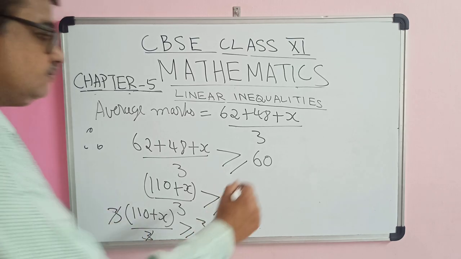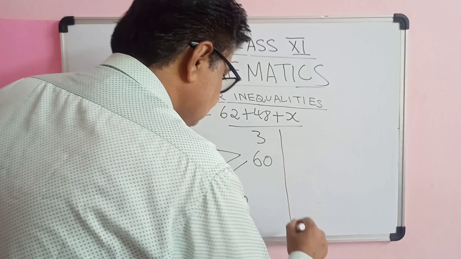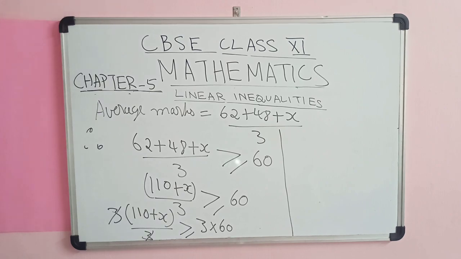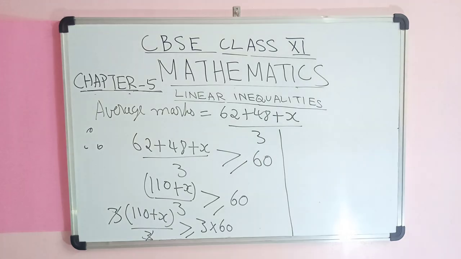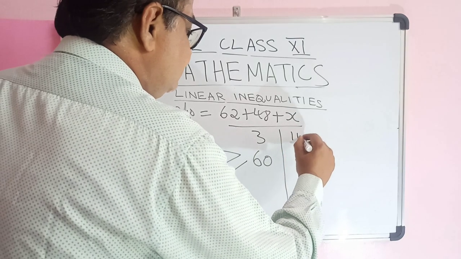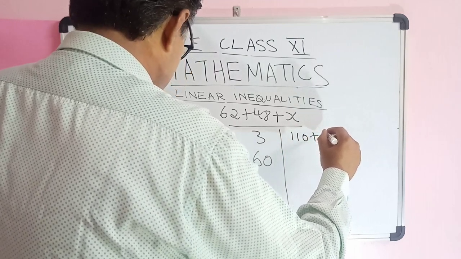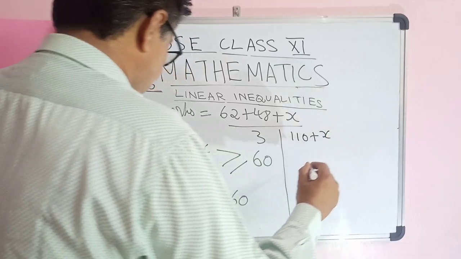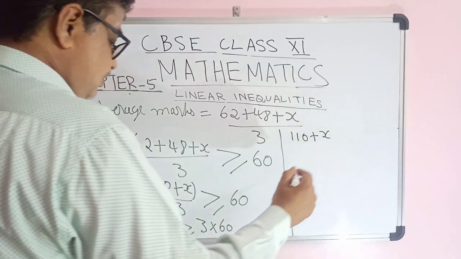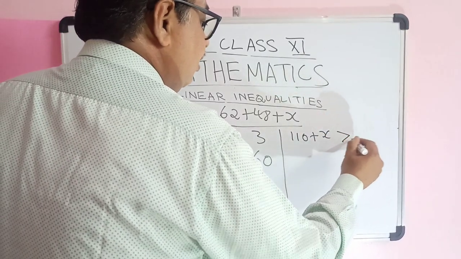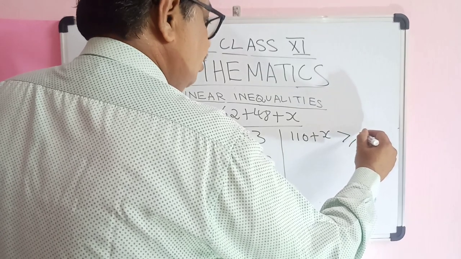The 3 cancels. So it becomes 110 plus x greater than or equal to 180.